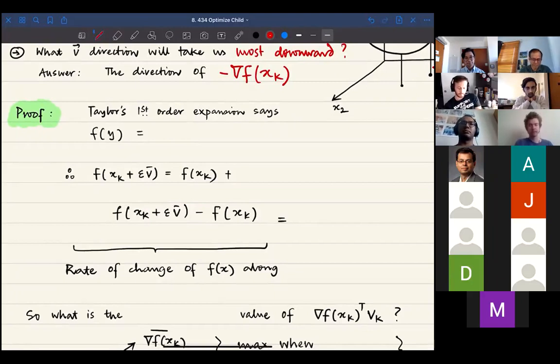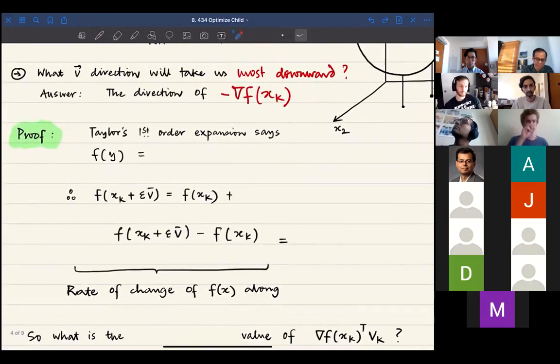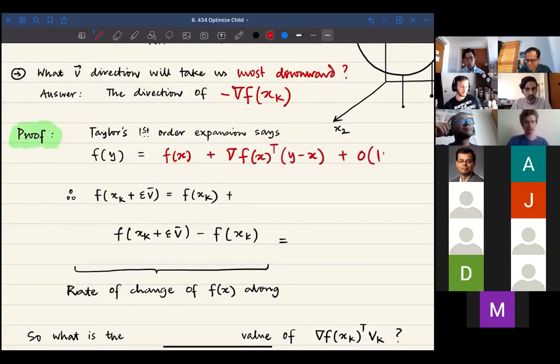Taylor's first order expansion says that F of y, where y is some point here and x is some point here, is nothing but F of x plus delta F of x transpose times y minus x, plus some error term, some approximation which will approximate the rest of it.